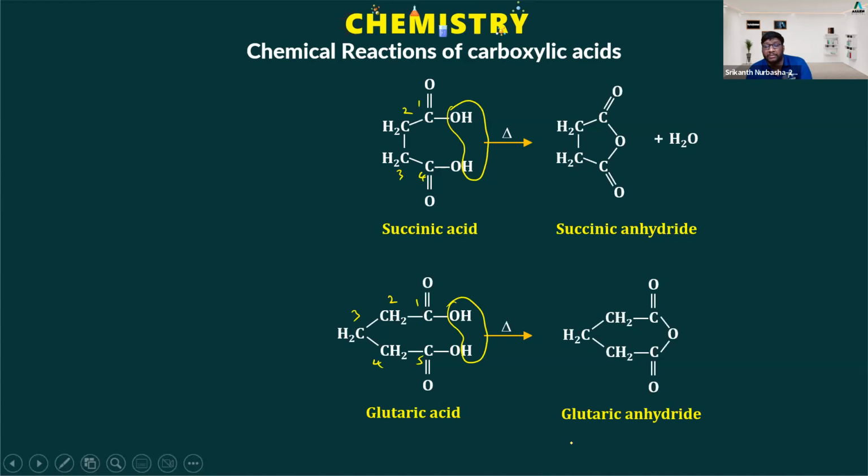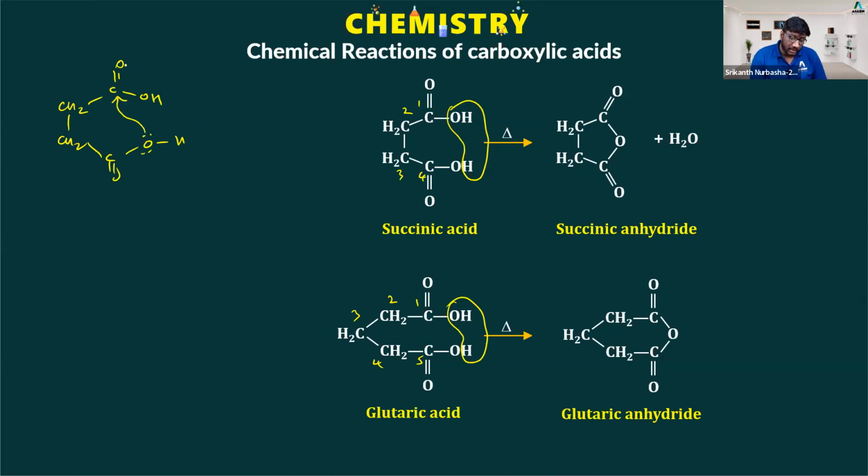Anhydrides are named from the respective acids from which they have been produced. So OMSGA is a shortcut: succinic acid and glutaric acid are the 1,4 and 1,5 acids. And how can you think of the mechanism? CH2CH2 with COOH, COOH, and you are heating this. The lone pair of electrons on oxygen attacks the carbon, and the C=O electron density moves away.